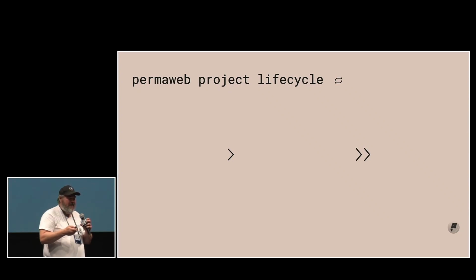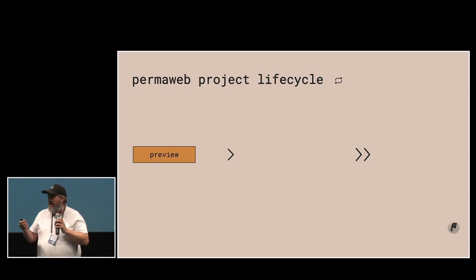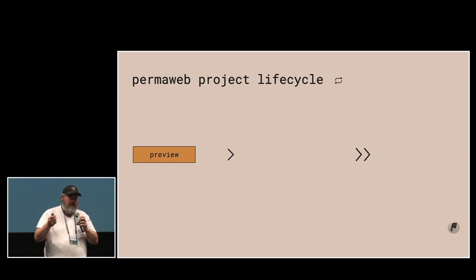You have an idea, people have comments on that idea, and what we want to do is implement that idea in a way for people to react and figure out if it's good or bad or great. And so we call that preview. Preview is the status when we take an idea, implement it, share it with the community, and get feedback to refine the project.